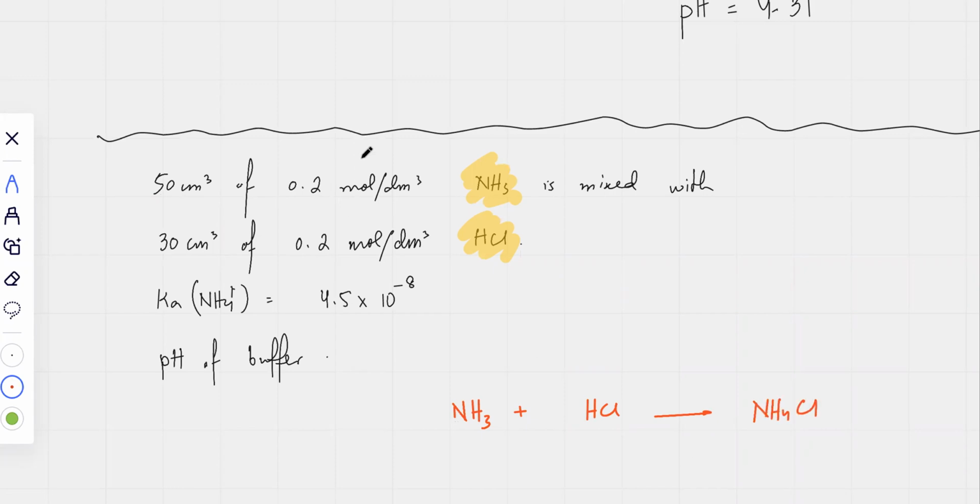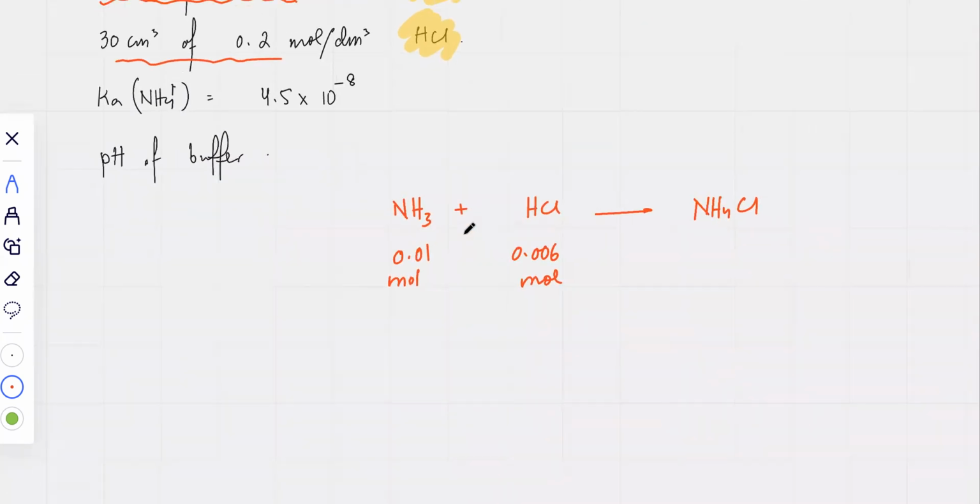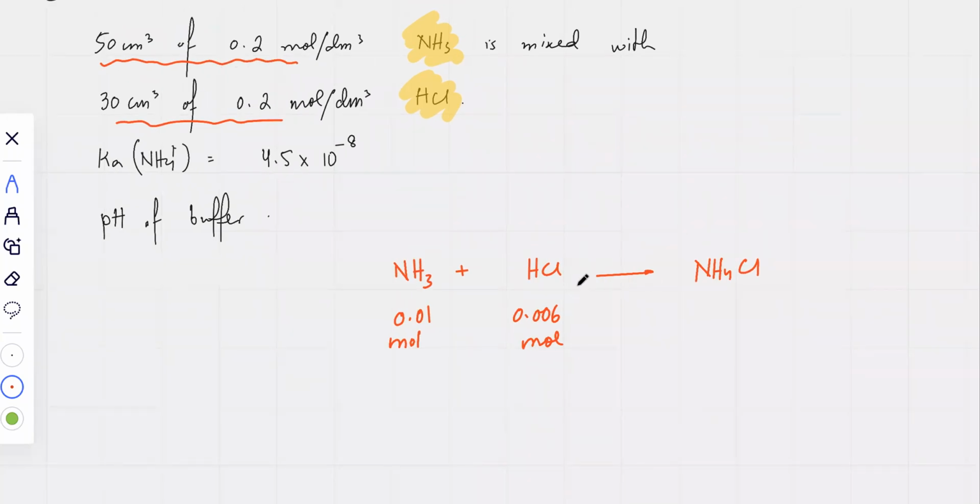So how many moles of NH3 do you have over here? 0.01 moles. And how many moles of HCl do we have? 0.006 moles. Now it's all 1:1, so which one is in excess?